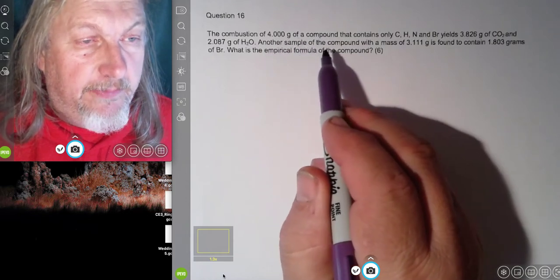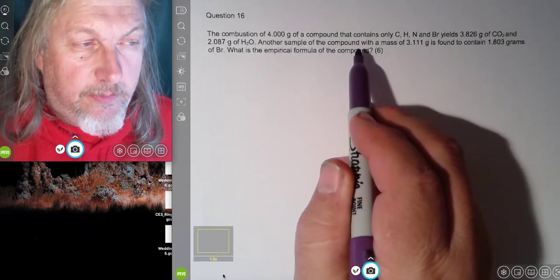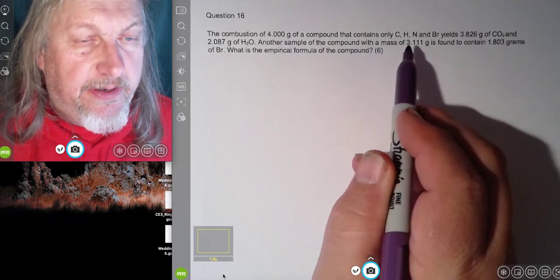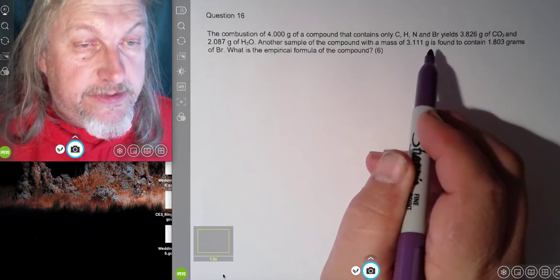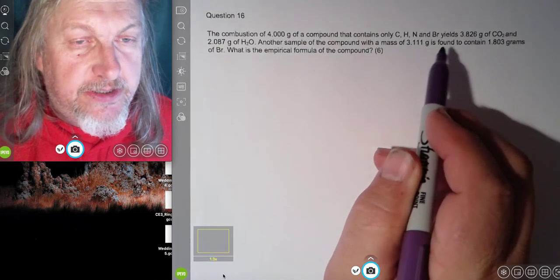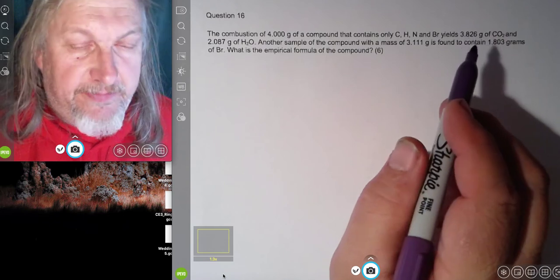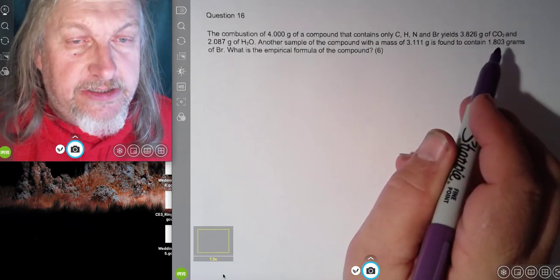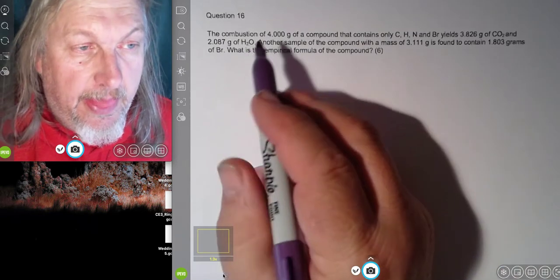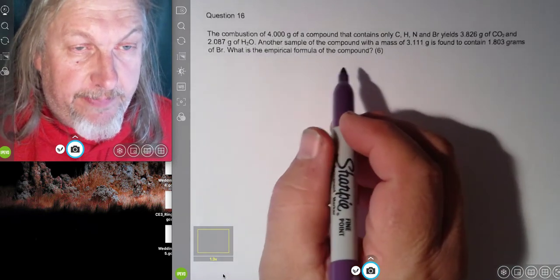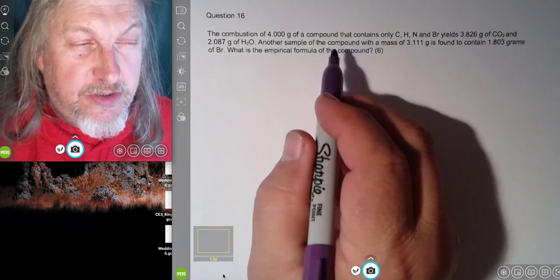Another sample of the compound, a totally separate event, with a mass of 3.111 grams, is found by some method of analysis to contain 1.803 grams of bromine. What's the empirical formula of the compound? So I've got two steps here.